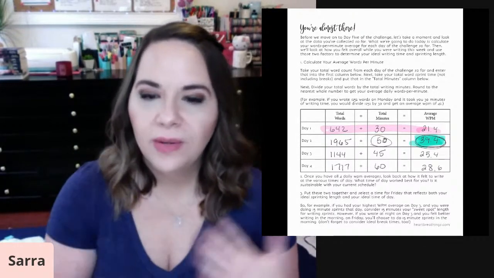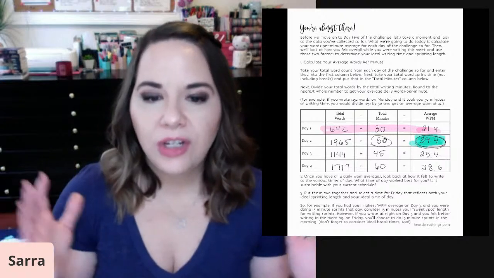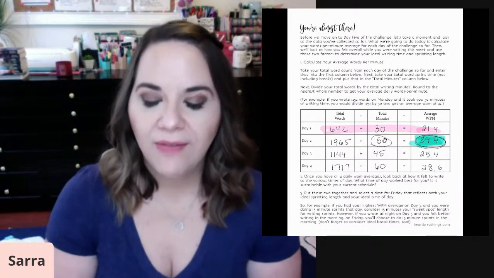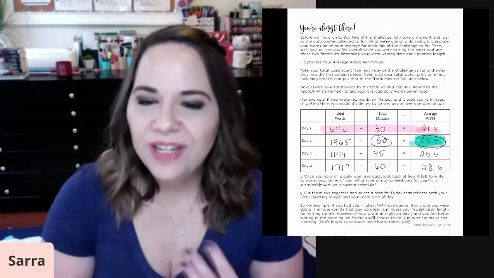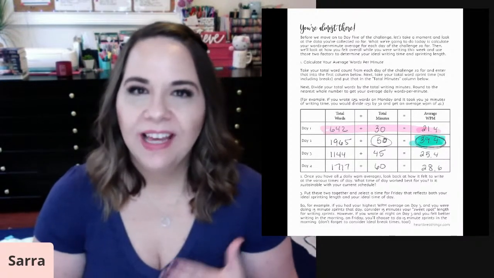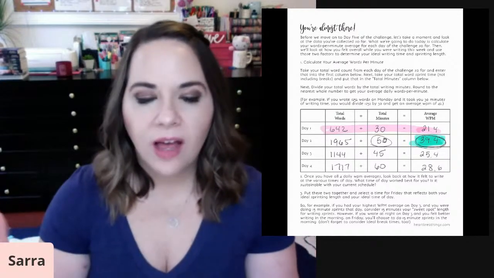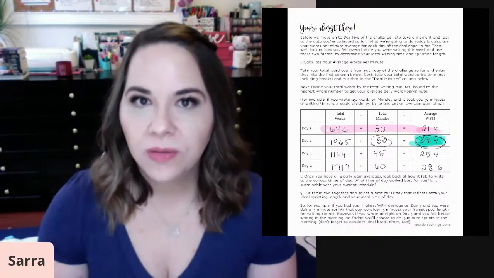The more you experiment, the more you can get a general idea of your true words per minute average. Then you can do something kind of fun, which is taking a word count of, say, 60,000 words for your book.